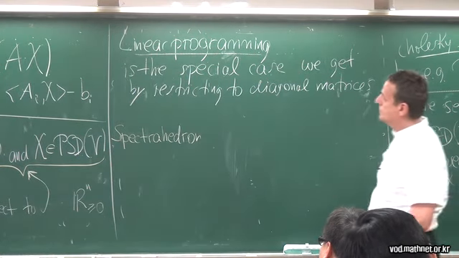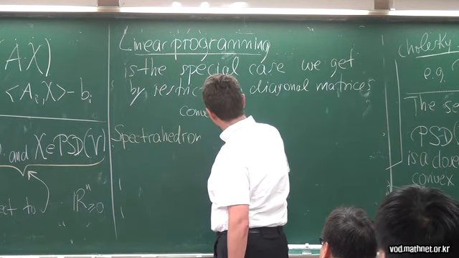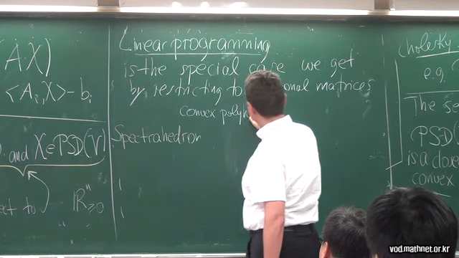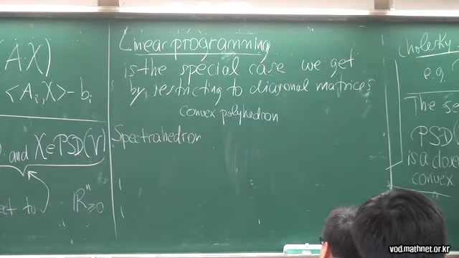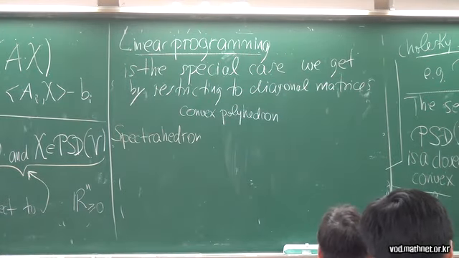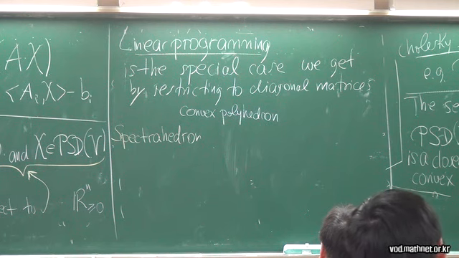If you restrict to diagonal matrices, this is called a convex polyhedron. A convex polyhedron that's bounded is called a convex polytope. Spectrahedra may be bounded or unbounded, although in the pictures that we'll draw, they're usually bounded.